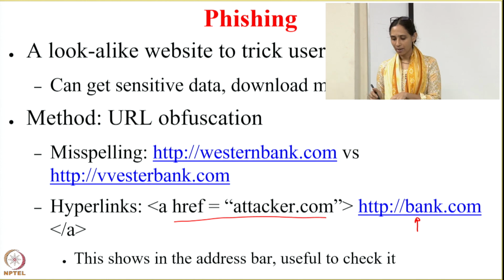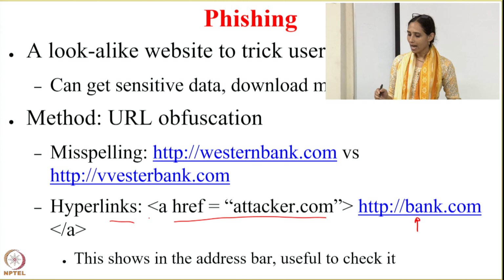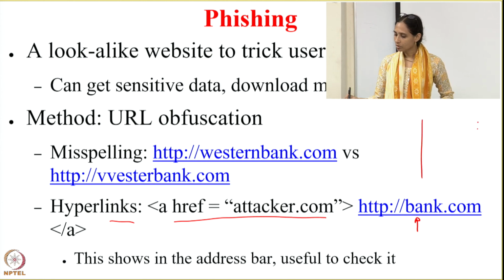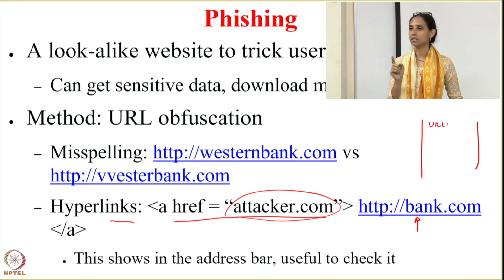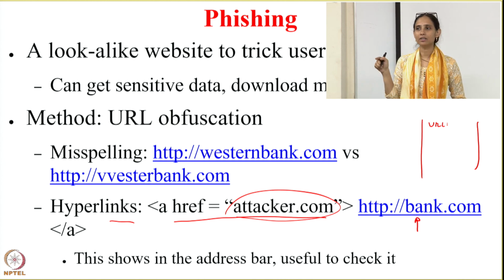But with these types of attacks, especially with this hyperlink as I have mentioned, when you click on it, you will actually see attacker.com in the browser URL. Only if you do not pay attention to that part, you will enter your bank information.